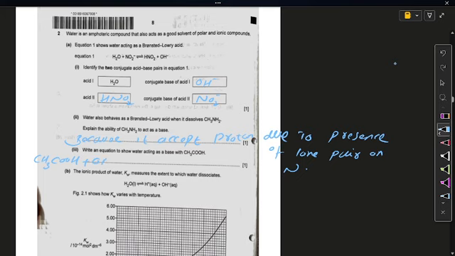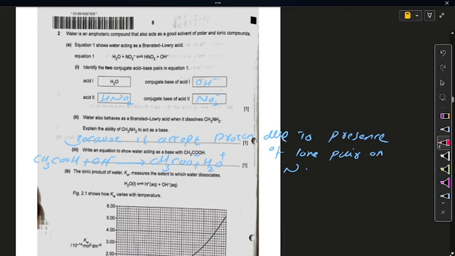So base molecule is OH negative. It's going to make CH3COO negative. One proton is lost from CH3COOH and one hydrogen is gained by the OH negative. So it becomes H2O. So that is the ionic equation for it.